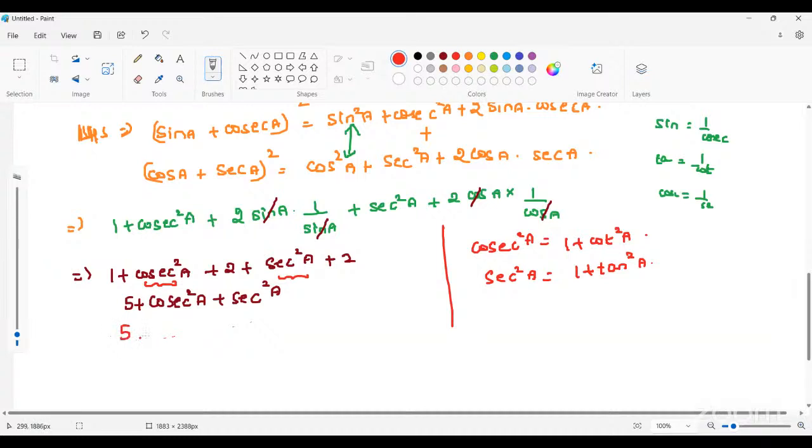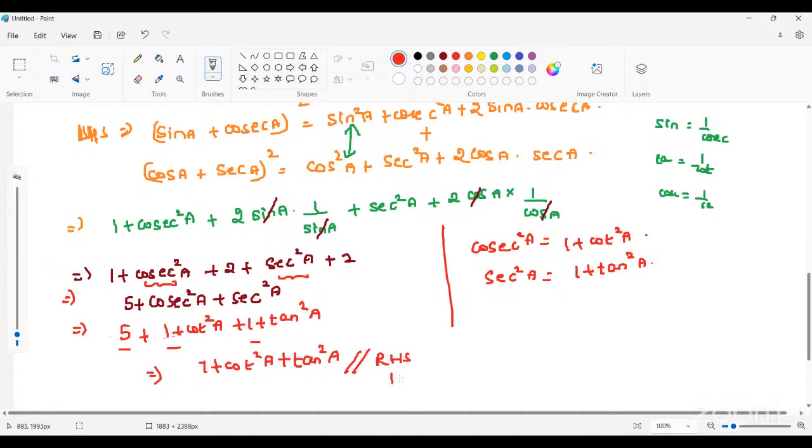So now 5 plus cosecant square A, we are writing it as 1 plus cot square A. Secant square A, we are writing it as 1 plus tan square A. So now what is the result? 5 plus 1, 6 plus 1, 7. 7 plus cot square A plus tan square A. So this is one step, this is another step. So this is your right hand side. So hence proved.